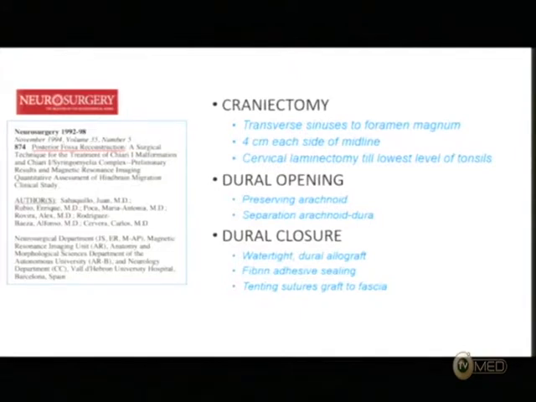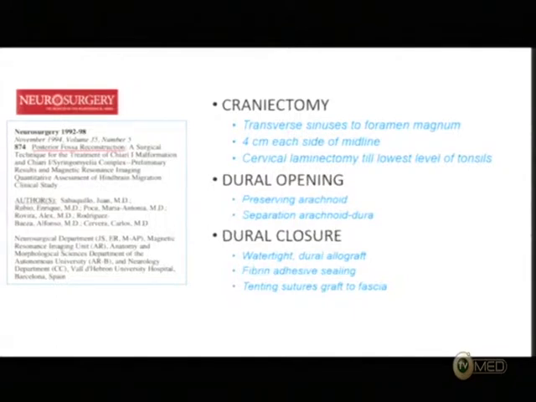The technique was described by a group of Spanish surgeons from Barcelona, and it mainly consists of 3 steps. We do a posterior fossa craniectomy, not very big, but wide enough to make space for the cerebellum.